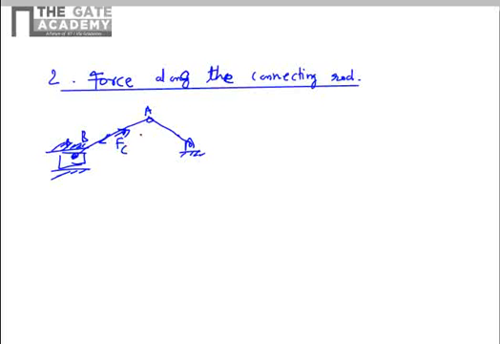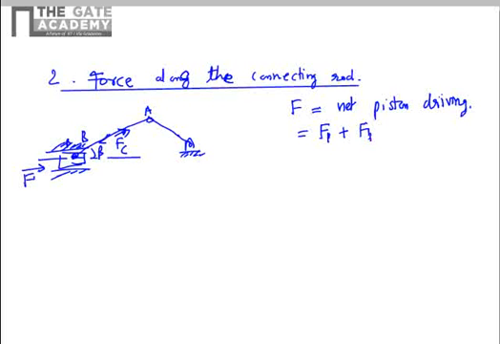So Fc is the thrust in the connecting rod, and the connecting rod makes an angle beta with respect to the horizontal axis, and we know the net force on the piston. So F is the net force, net piston driving force, that is the combination of the gas force Fp plus inertial force Fi plus frictional force Ff plus gravitational force Fg. So F is known, the net resultant of all these forces.